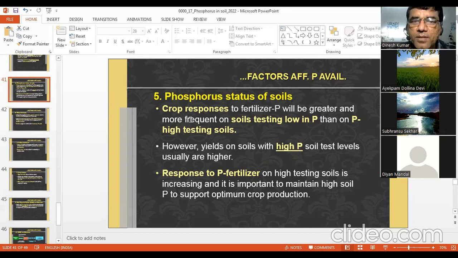So that means that in the first case, the fixation of phosphorus will be less. In the second case, where you have high levels of phosphorus in soil and you again apply from outside, then the P fixation will be more. So response to P fertilizer on high testing soil is increasing, and it is important to maintain high soil P to support optimum crop production.